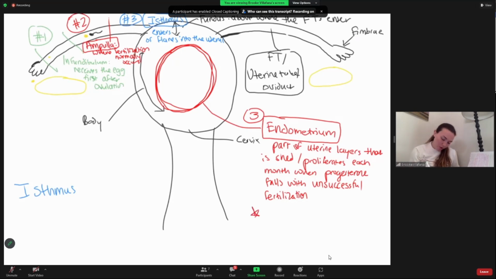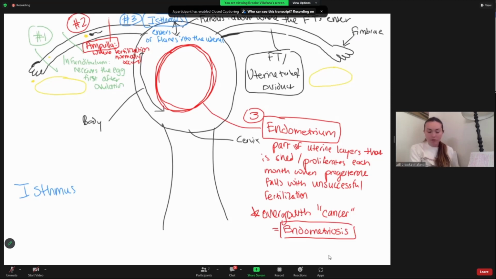If you have overgrowth of the endometrium layer, you could kind of, Knudsen uses the term cancer, which is overgrowth of a tissue. This is called endometriosis. Endometriosis, though, is not cancer. So if you ever hear of somebody that has endometriosis, it's not cancer.